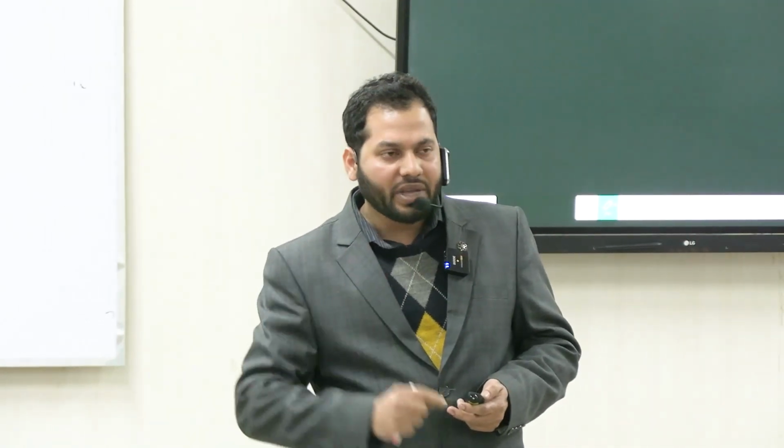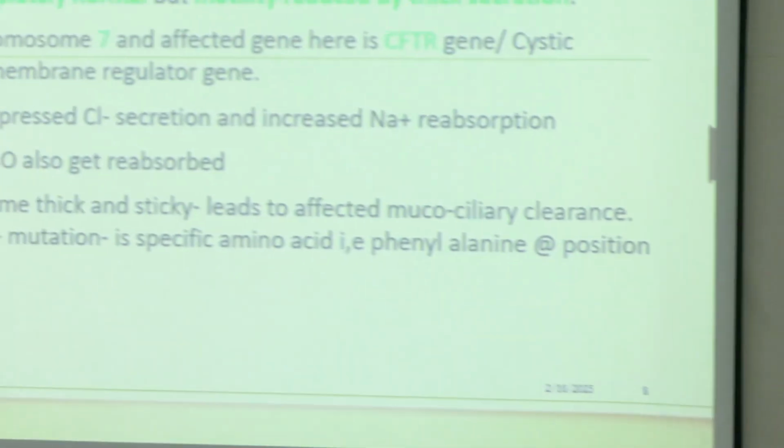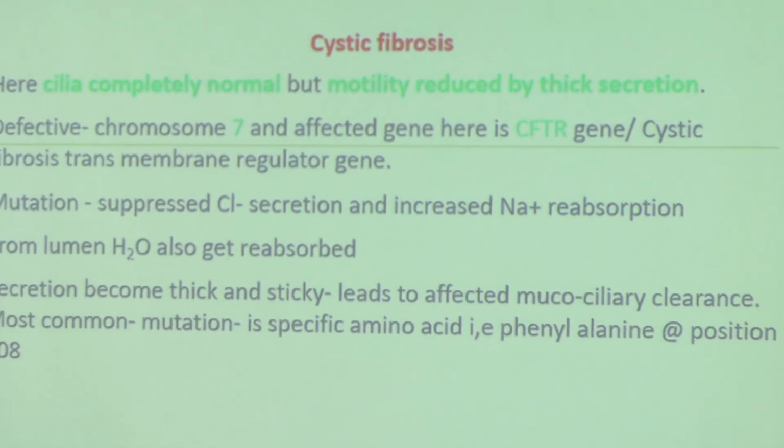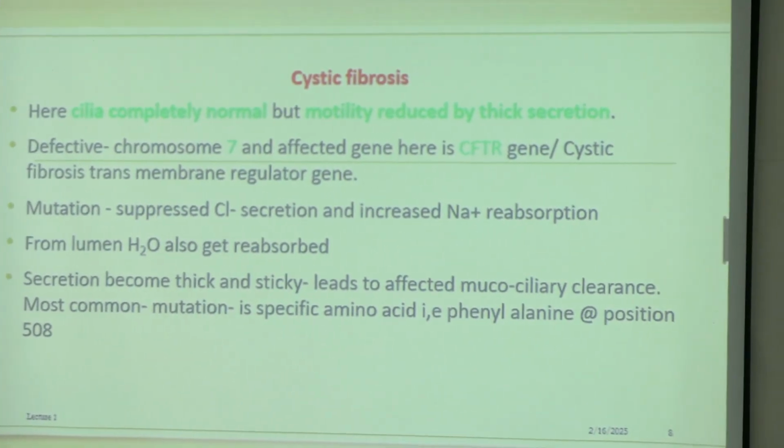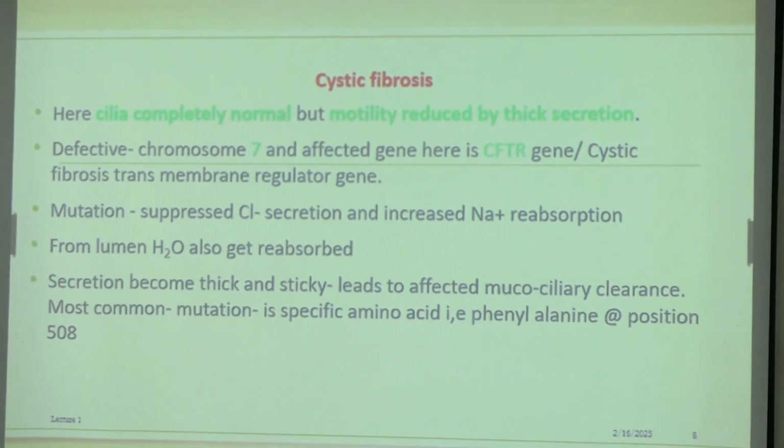This is just a genetic basis. But if you see the physiological basis of cystic fibrosis, what is the most important feature of this? The most important feature is here, motility reduced by thick secretion.